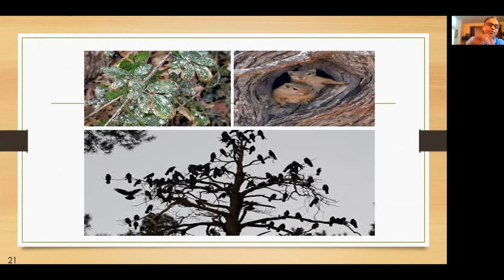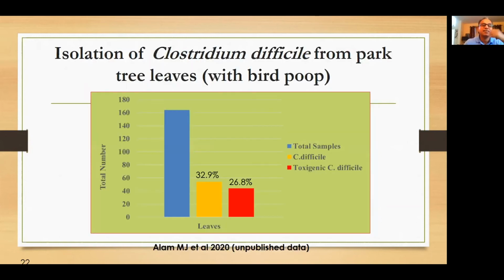So these bird poops can be a good source of infectious C. difficile. Therefore, we collected some tree leaves to see whether these bird poops are a good source of C. difficile. Here, you can see the results.